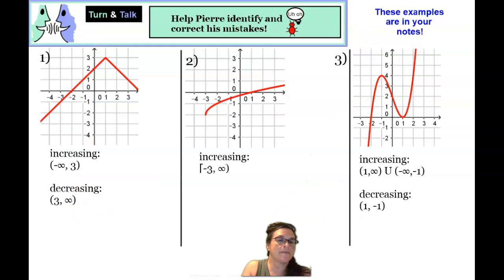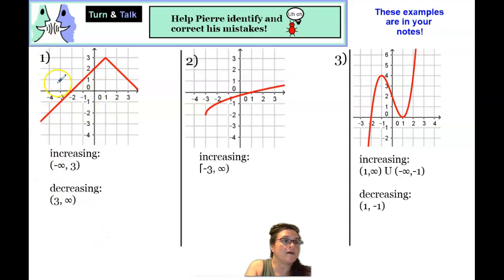Okay, so the next page of the notes, we have some error analysis where we want to identify the errors and explain them and correct them for these examples. So this person has that the interval of increasing is negative infinity to 3.